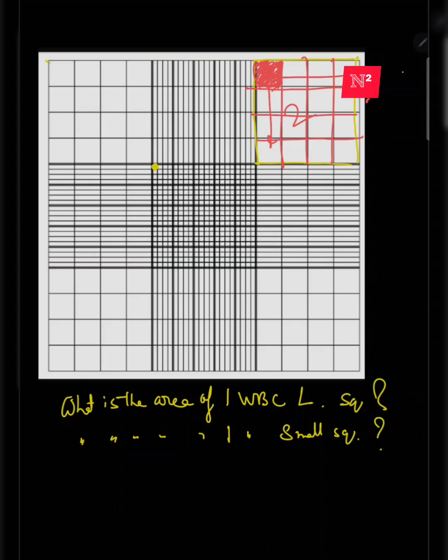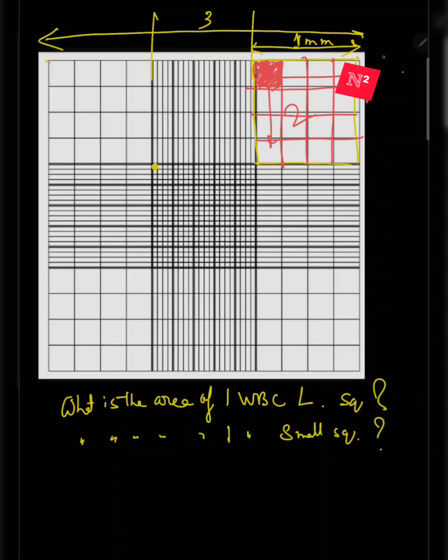Okay, so let's calculate the large square first. I've told you the whole Neubauer counting grid's length is 3 millimeters, which is divided into 3 equal parts. So the length of the large square is 1 millimeter.